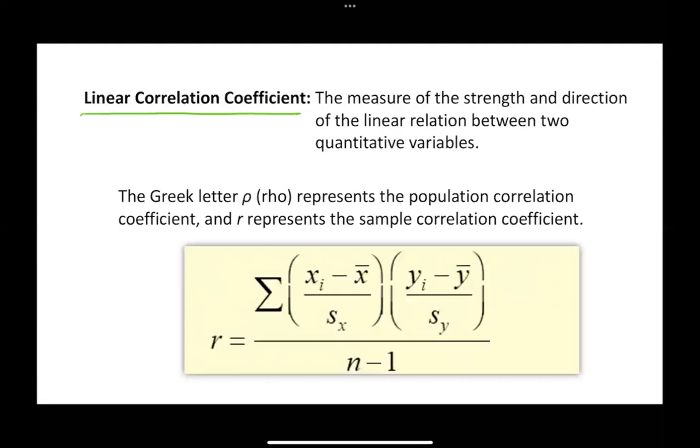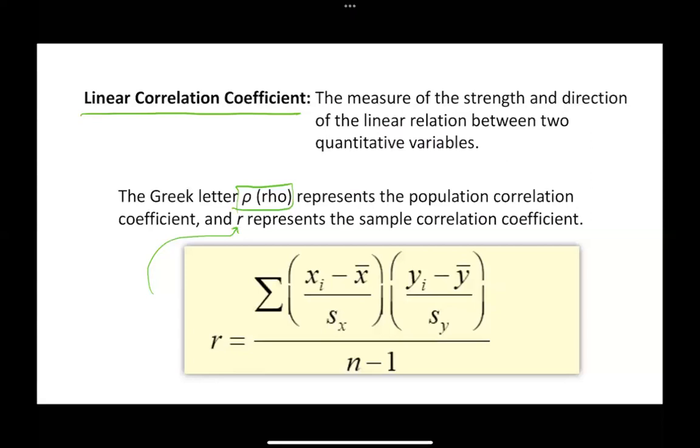If we were dealing with a population, we would use the Greek letter rho, but I basically never use it because if we have a population, we don't need to do this. We only really need to do this with samples. So this is the only time I will tell you it's the Greek letter rho for population. From here on out, all we will use is the R value.